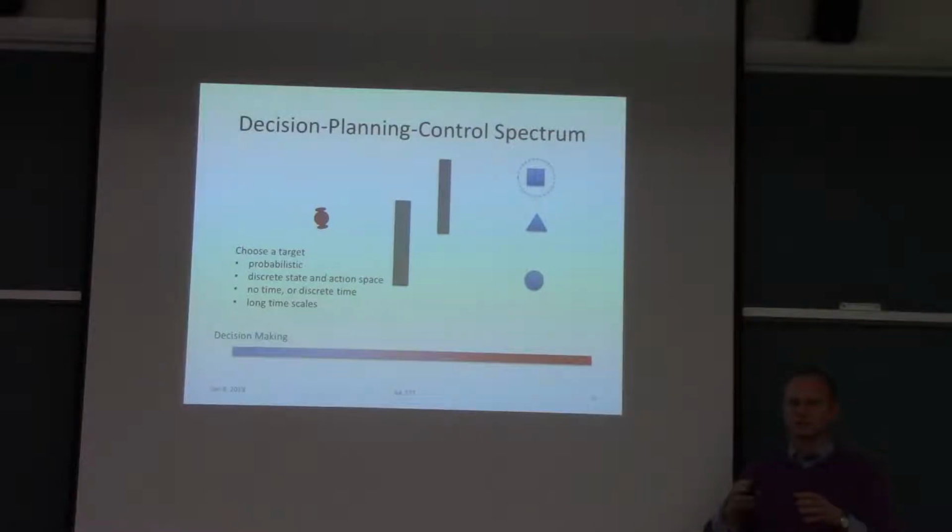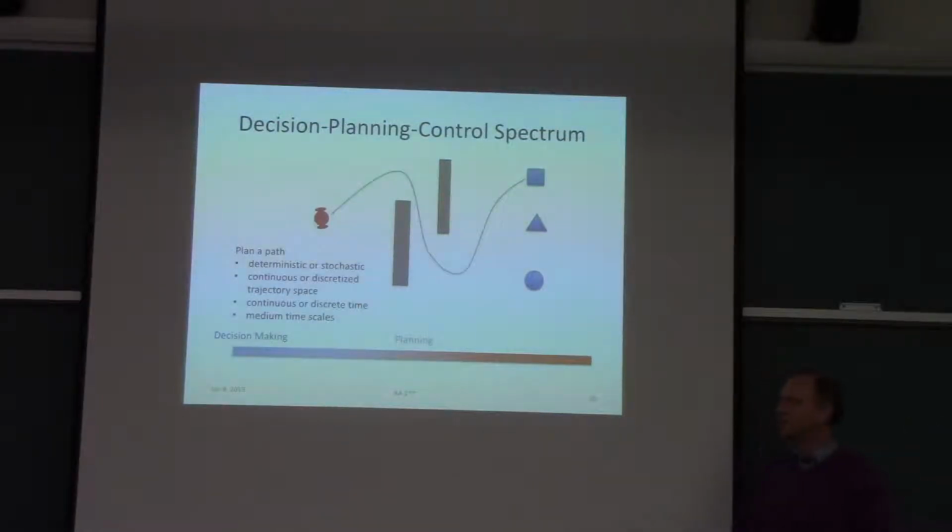Or if there is an explicit modeling of time, it's usually very coarse. Usually it's a probabilistic setup, so usually modeled by an MDP or something like this. And oftentimes there's optimization involved. So I want to choose the best expected target based on some criteria.